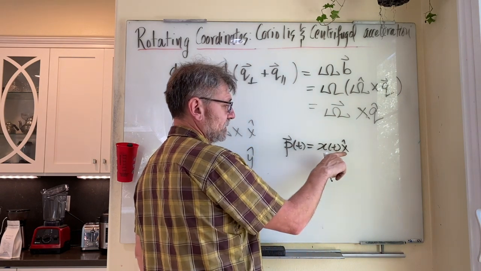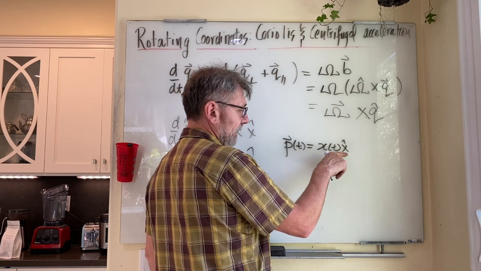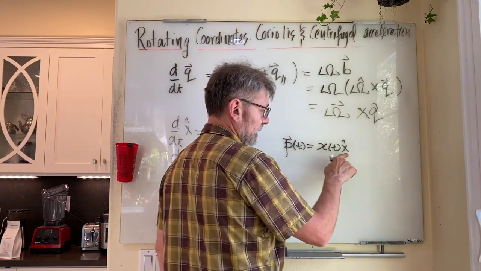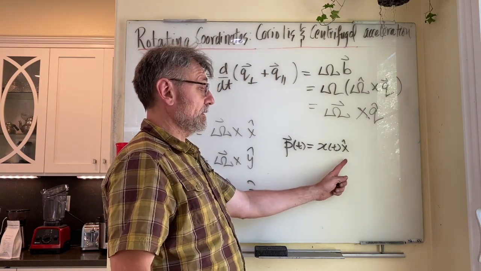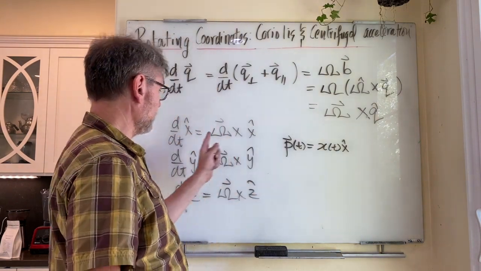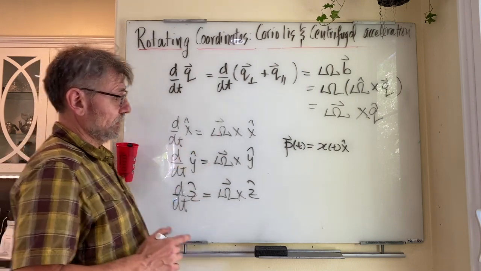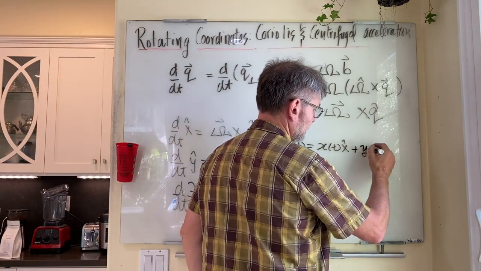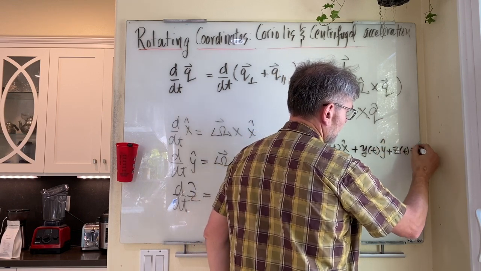So x tells us how the x component of the vector p changes with time. But x hat is fixed in the rotating frame, but it's rotating in the inertial frame, and its rate of change in the fixed frame is given by this expression. Plus y of t times y hat plus z of t times z hat.